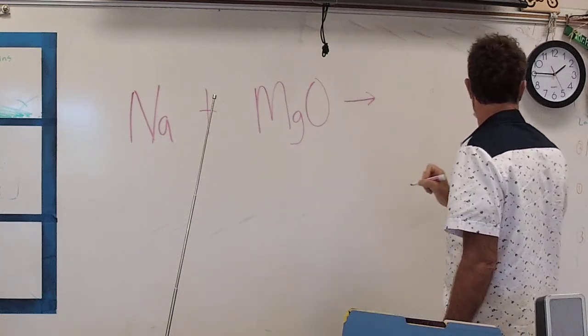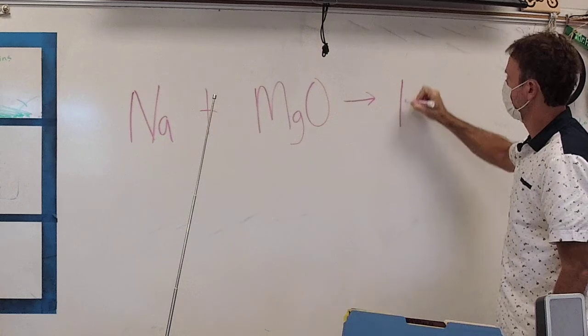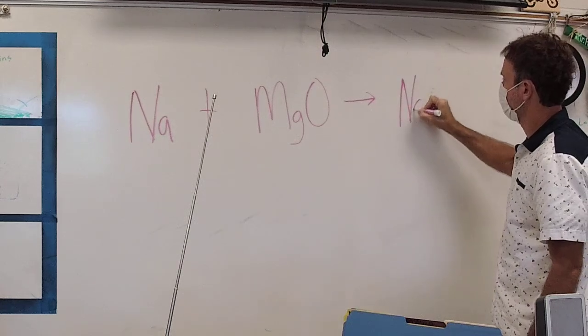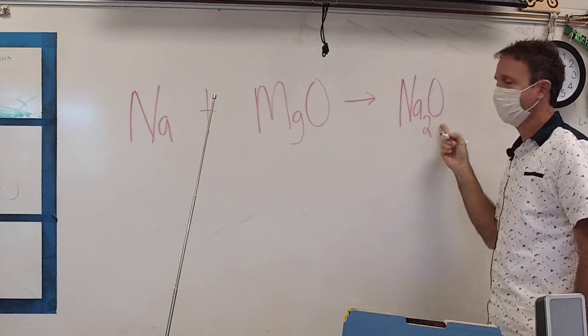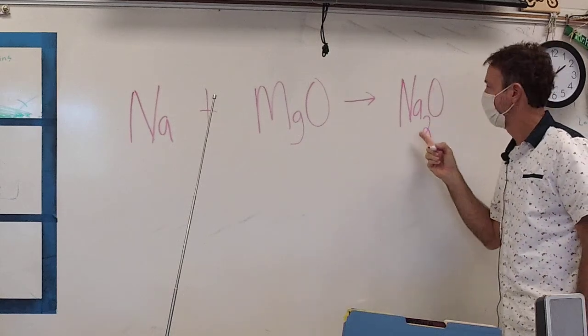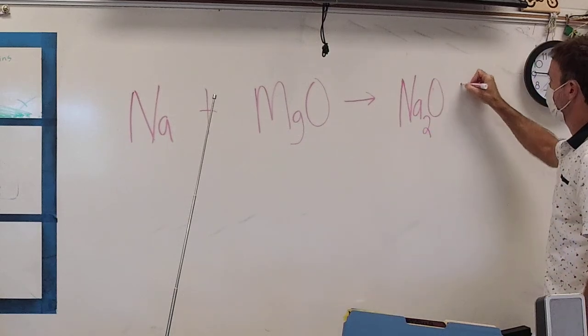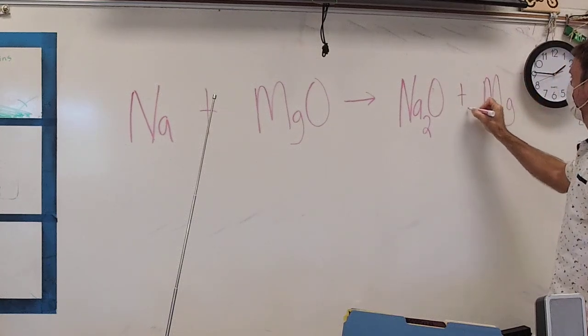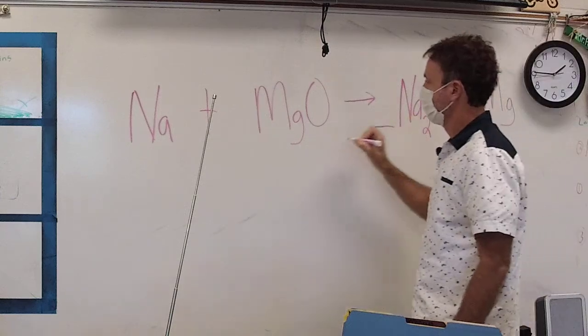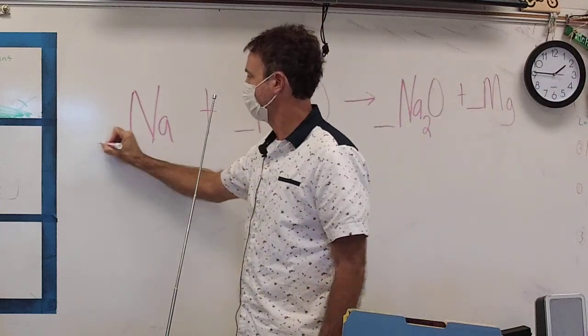And we're going to have that make sodium oxide, and the formula for sodium oxide has to be Na2O, because that's an ionic equation. It's got to be equal to 0. And it's going to kick magnesium out. Magnesium is going to be by itself. Now this one probably wouldn't really happen, but we're going to balance it, okay?